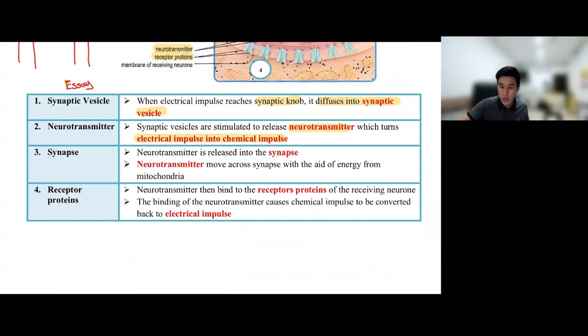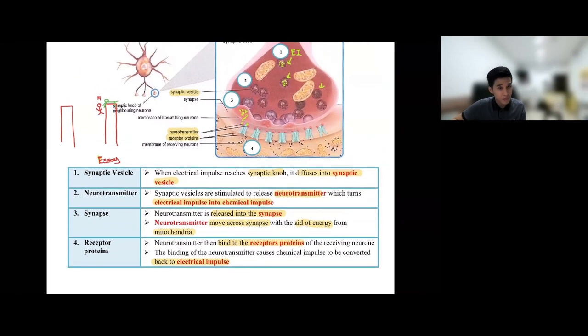So the neurotransmitter is released into the synapse and moves across the synapse with the help of energy from the mitochondria. Then it binds to the receptor protein. Once it binds to the receptor protein, the chemical impulse automatically becomes electrical again and continues to flow. The end.